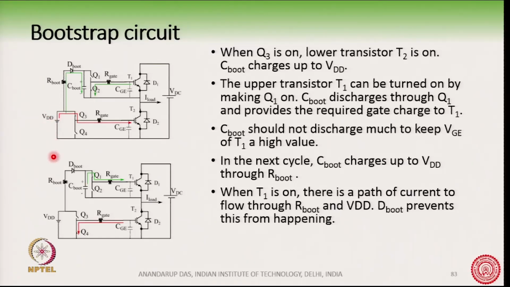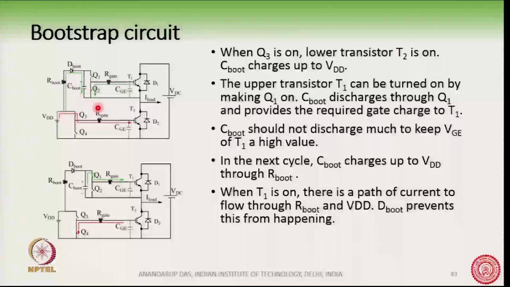Now, this charged capacitor C boot is useful for turning on the IGBT T1. How? When you want to turn on T1, you will turn on Q1 and then C boot will discharge like this here and provide the gate charge required for T1.